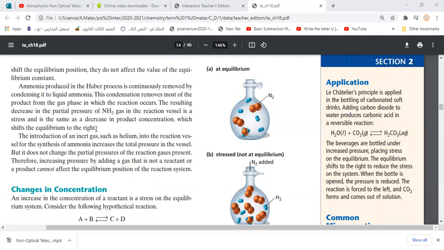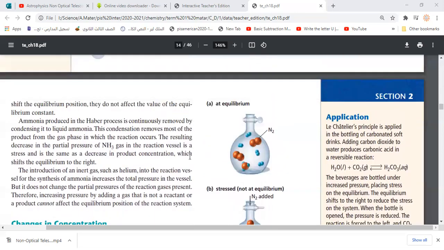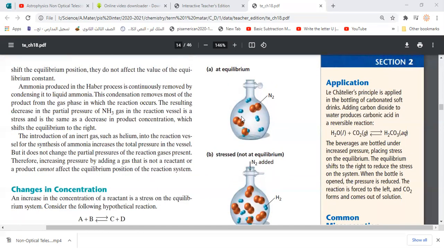So like this, we could find how pressure could shift a gaseous reaction. As you can see in this analogy, that's nitrogen and that's hydrogen in the normal situation, or at equilibrium. As you could observe here, for each 3 particles of hydrogen we have one of the nitrogen, and that will lead to the production of one ammonia molecule.